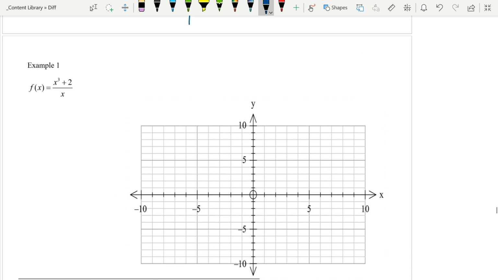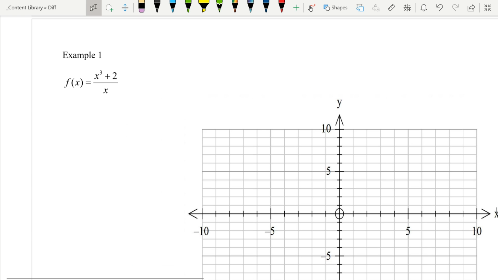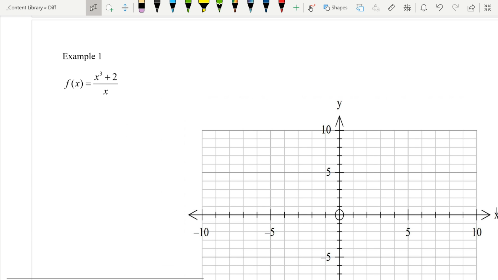So, knowing that, can you go to example 1, please? We should go for long division, right? The top is a cube and the bottom is linear. But in this case, I don't really need long division, I can get the answer quickly.